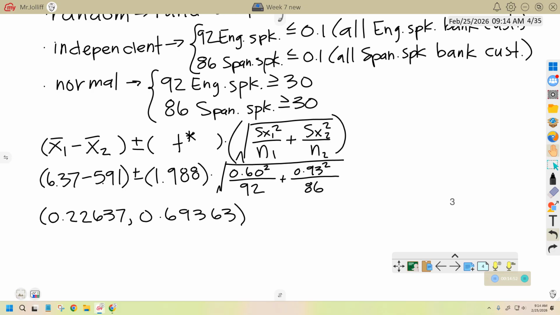And notice again, that spits out a wildly different degrees of freedom than we used, and that's okay.